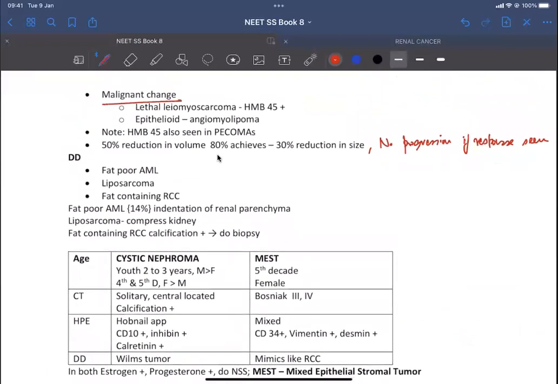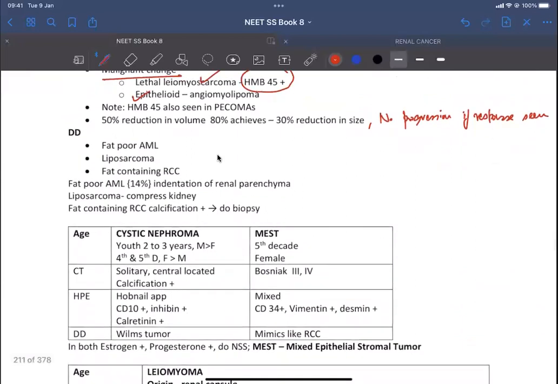Again, they can change malignantly. They can undergo a malignant change and become a leiomyosarcoma, at which point the marker can be positive. And as I said, there is an epithelioid variant that can metastasize. So that is the effect of everolimus.